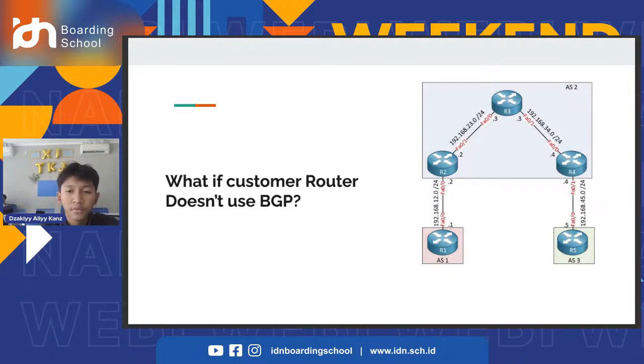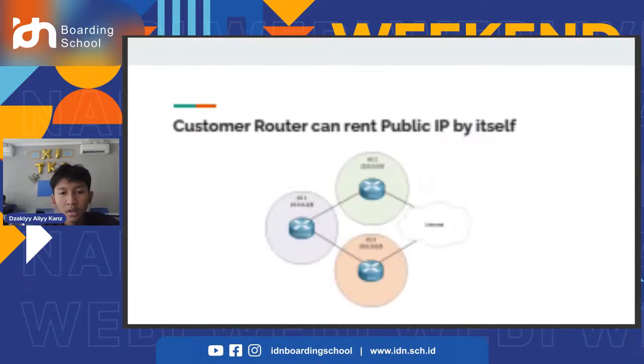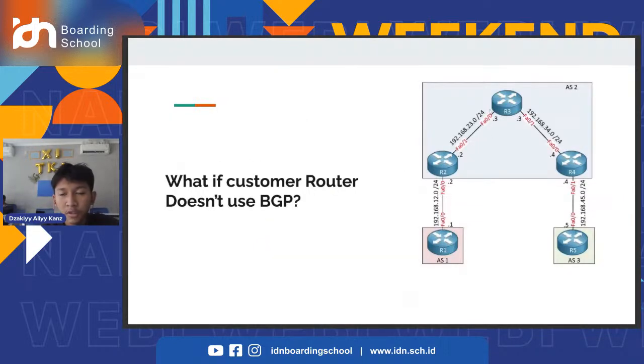If router 2 only uses an IGP such as OSPF, EIGRP or RIP, the request packet from router 3 or the other clients will not be delivered to the Google server, because the Google server is in a different AS. Because of that, router 2 needs a relationship with the other router in a different AS.